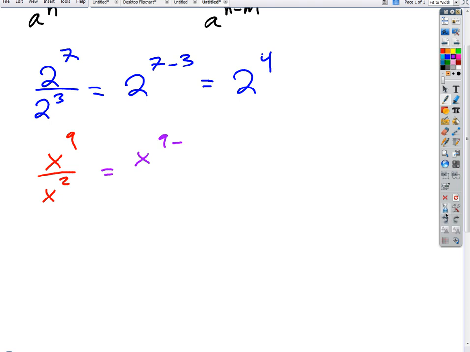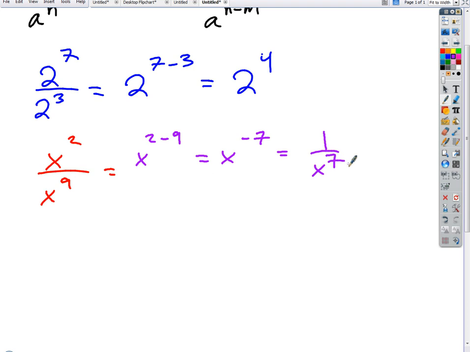I wanted to do different exponents. So say I have x squared over x to the 9th. That's what I meant to do. If I follow the normal formula, look what I'm going to get: x to the 2 minus 9 equals x to the negative 7, which equals 1 over x to the 7th. Aha, 1 over x to the 7th.